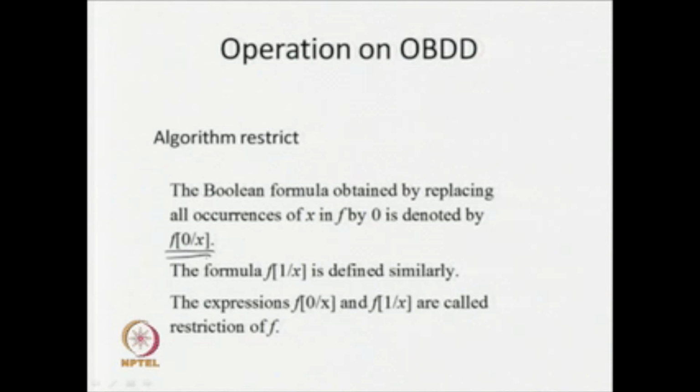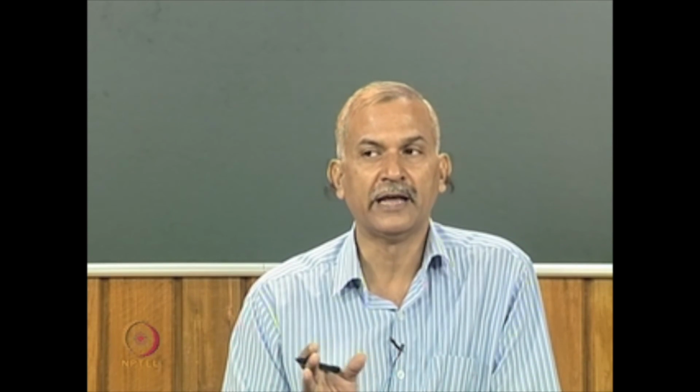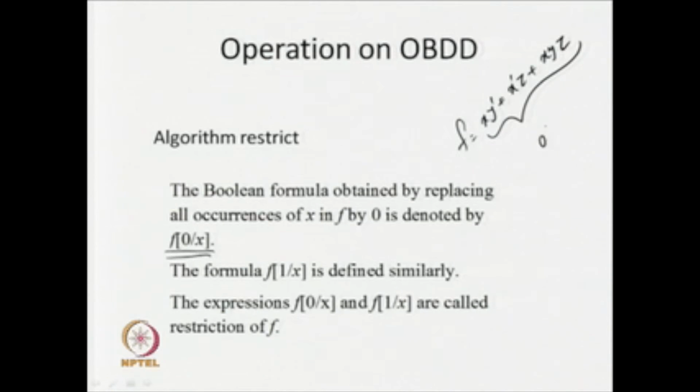That means if I have a Boolean function, say f is equal to x y bar plus x dash z plus x y z, this Boolean function depends on the valuation of x, y and z. x may be either 0 or 1, and similarly y and z. But we can ask what will be the valuation of this function when I replace all x by 0.